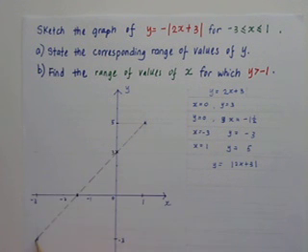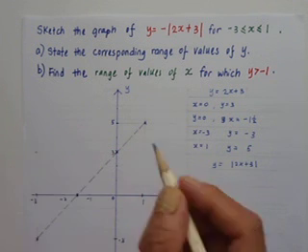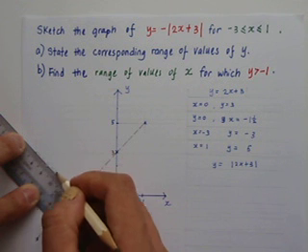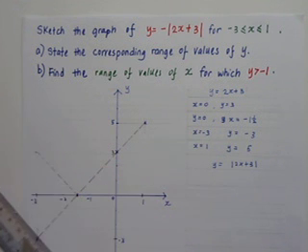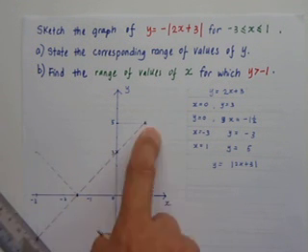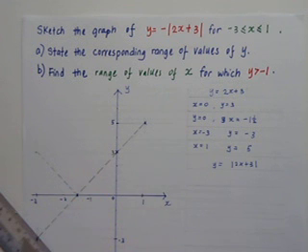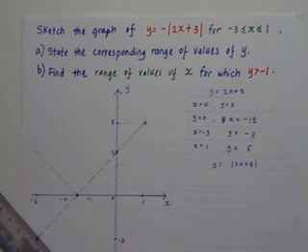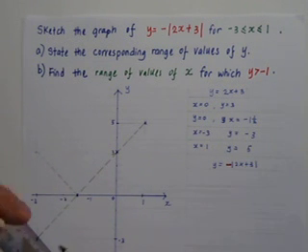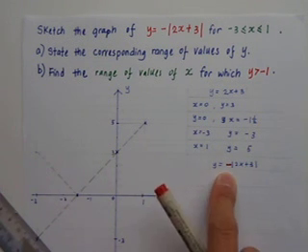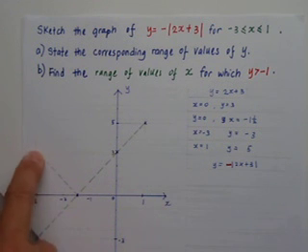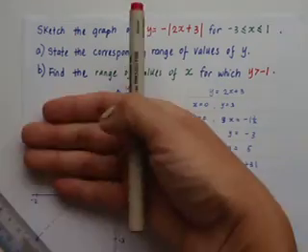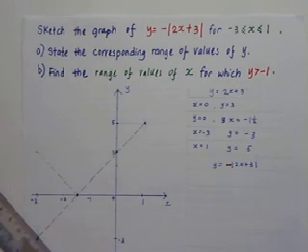So the point minus 3 will go to 3, and you get this V-shaped graph. Now that's not the end, because there's a negative sign in front of the modulus. So now we put on the negative sign. The effect of this negative sign is that every point is now reflected about the x-axis.